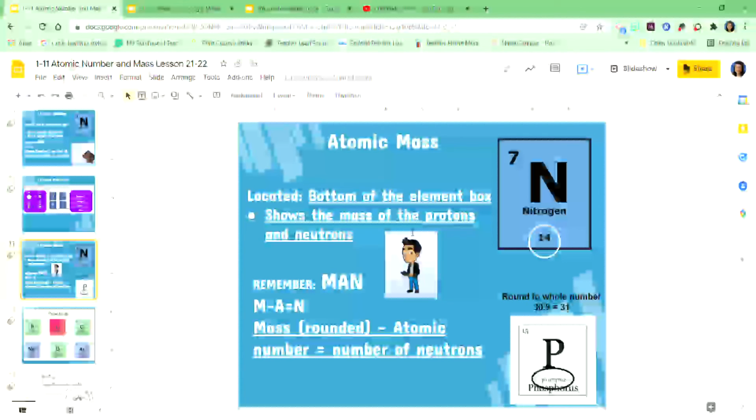So remember, protons and neutrons both equal 1, and electrons don't weigh anything. So it's only going to be protons and neutrons. A way to calculate that is MAN, M-A-N. So MAN means you take the mass, so the bottom number rounded, and you subtract the atomic number at the top, and that gives you the number of neutrons. So you take the bottom number, subtract the top, and it gives you neutrons.